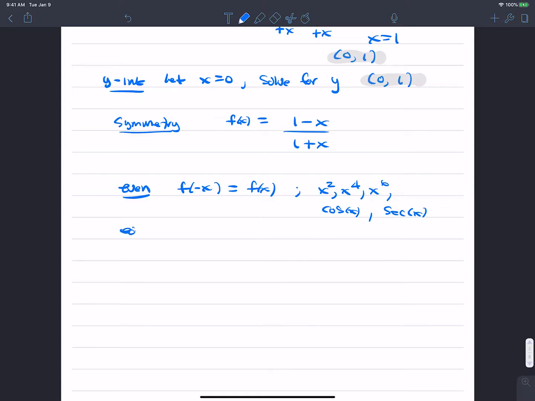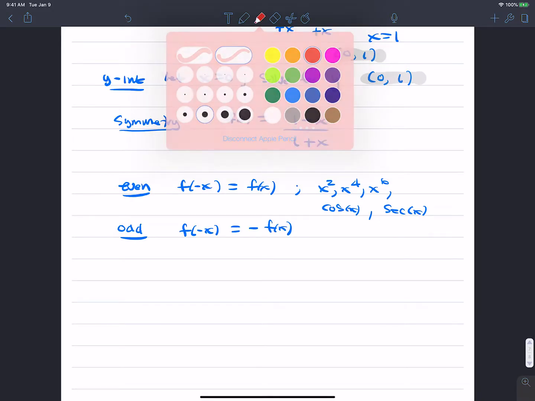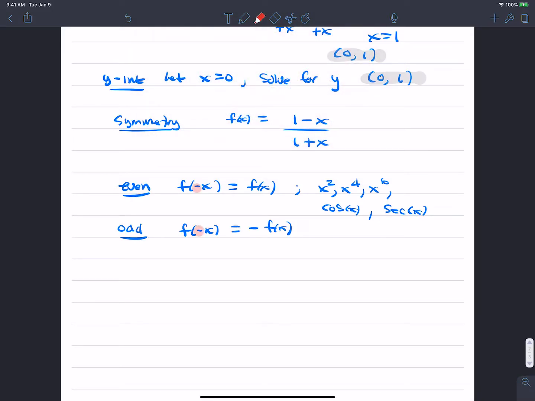Being odd again, just to remind you guys again, odd functions is when f of minus x is equal to minus f of x, sorry. So we're going to pay attention to this detail here, this negative x. When those things are satisfied in your definition, we can say the function's even or odd.